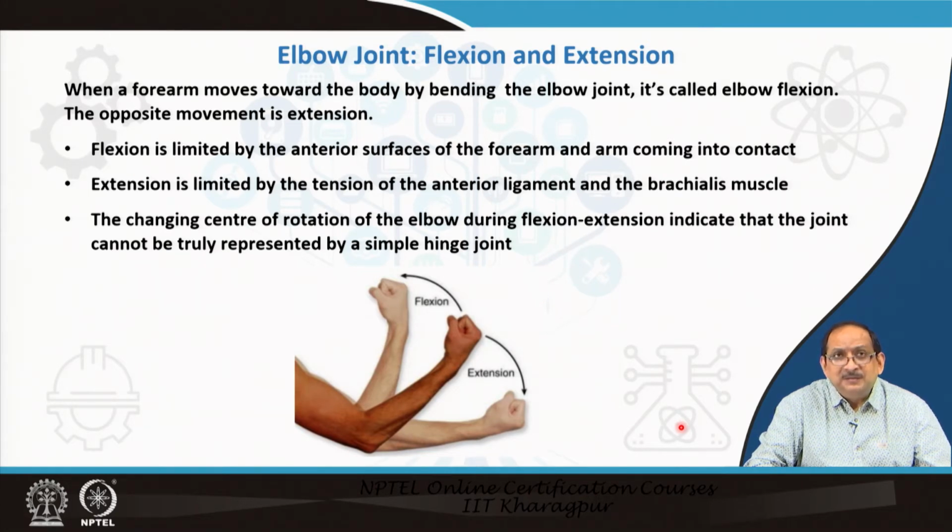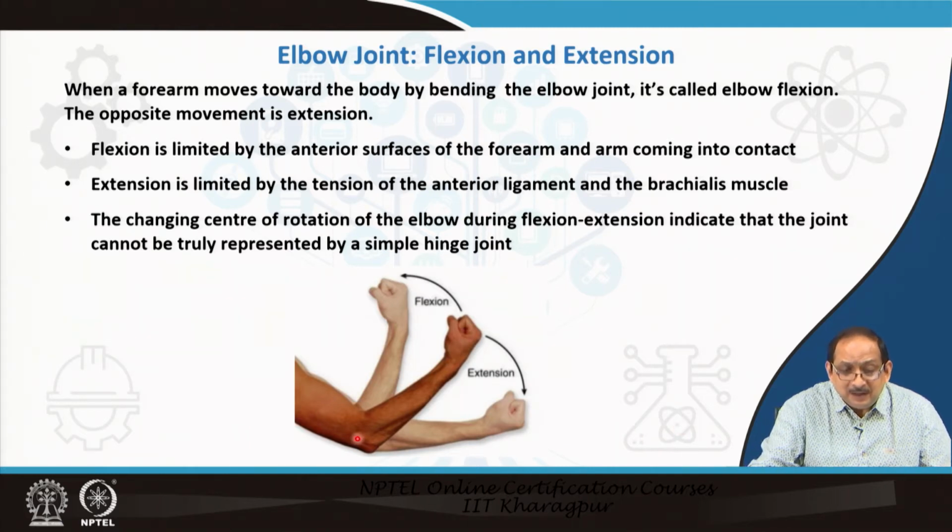The extension is limited by the tension of the anterior ligament and the brachialis muscle. The change in position of the center of rotation of the elbow during flexion and extension, either way, indicates that the joint cannot be truly represented by a simple hinge joint.